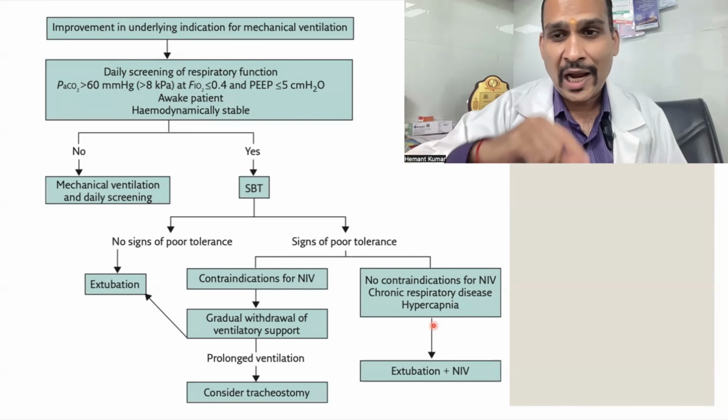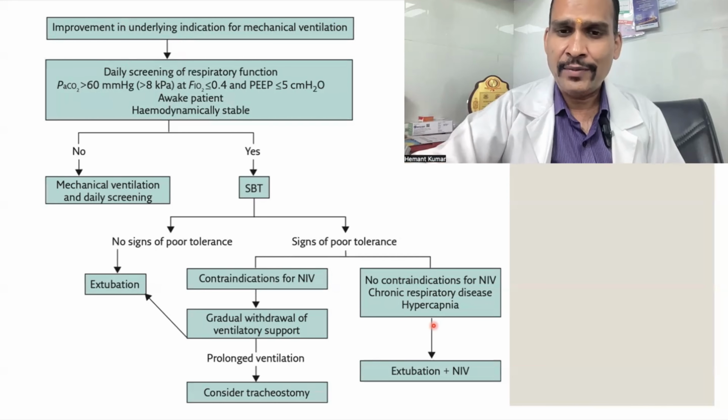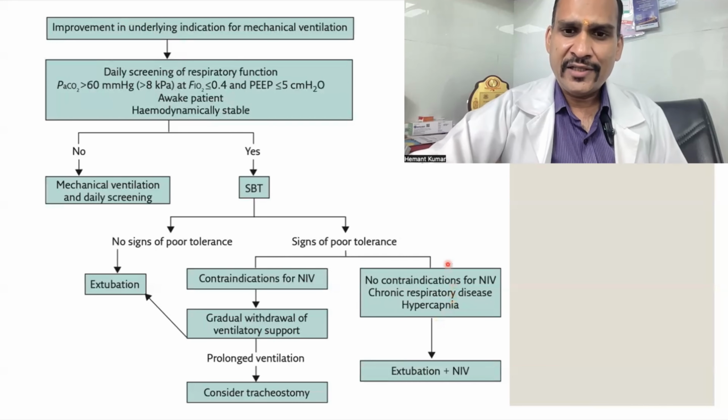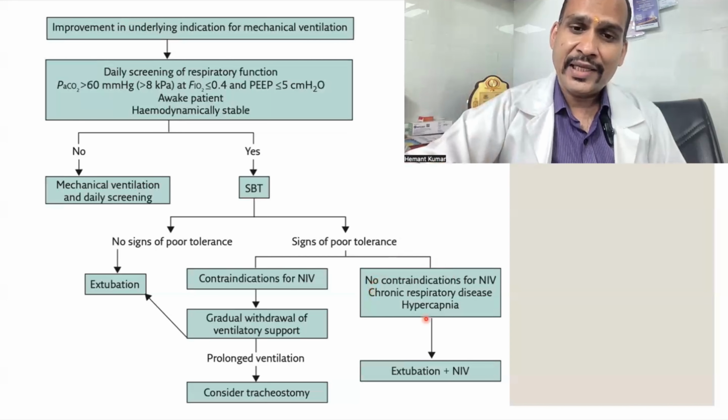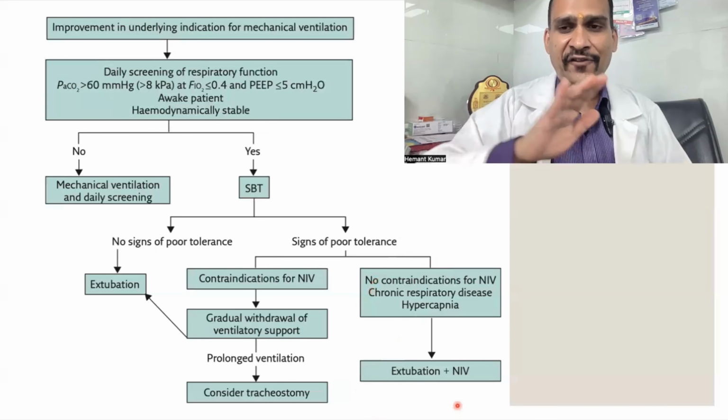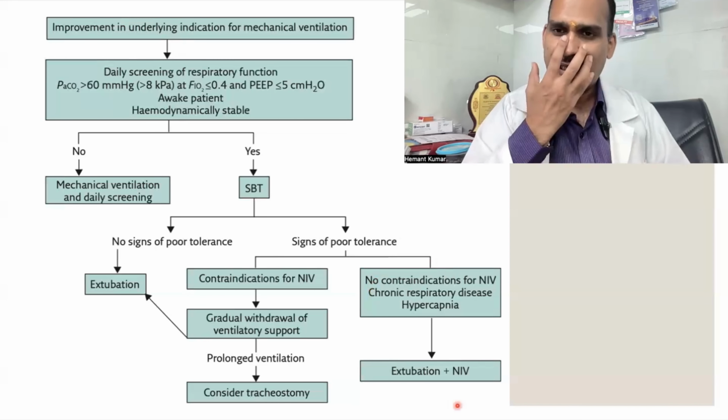We are not talking about hypoxemia. The patient should have hypercapnia. If the patient fulfills these two criteria, there is no contraindication for NIV, and the patient has hypercapnic respiratory failure, then the patient can be extubated and after extubation you apply NIV.